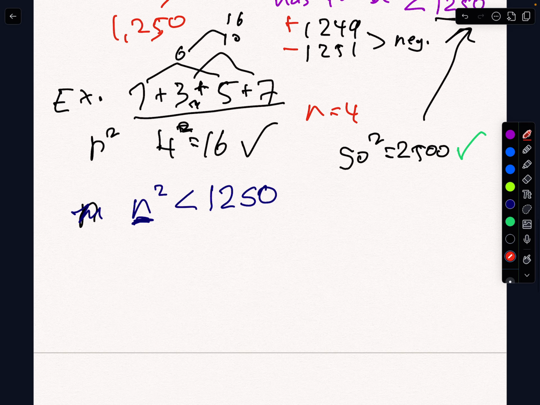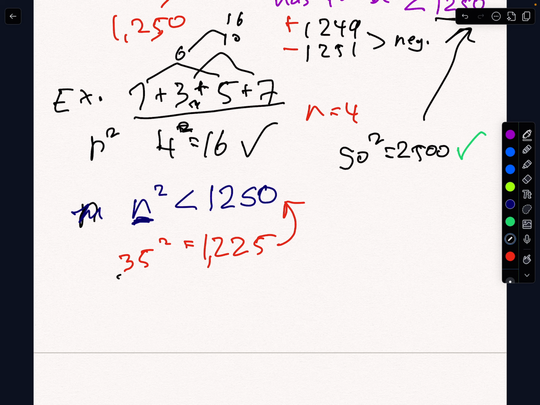You'd have to play around with the numbers, but 35 squared would give you 1,225, and this is the closest you will get to your target value without being greater than it.